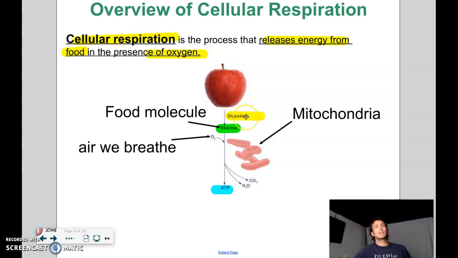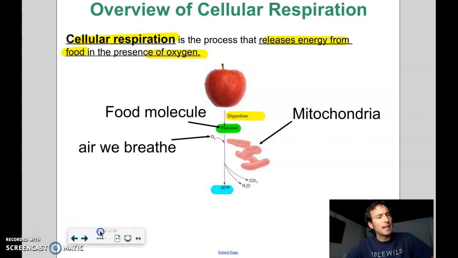We mechanically digest it by chewing it. Ultimately, we end up with a lot of glucose in our intestines. That gets out into our bloodstream, gets out to our cells, and in the presence of oxygen, and in conjunction with the mitochondria inside the cell, that glucose is converted into ATP. And then that ATP, we will learn all the different things that it can do for us.